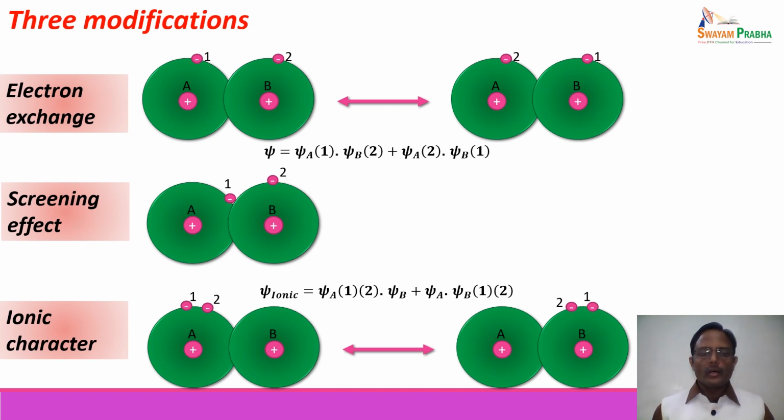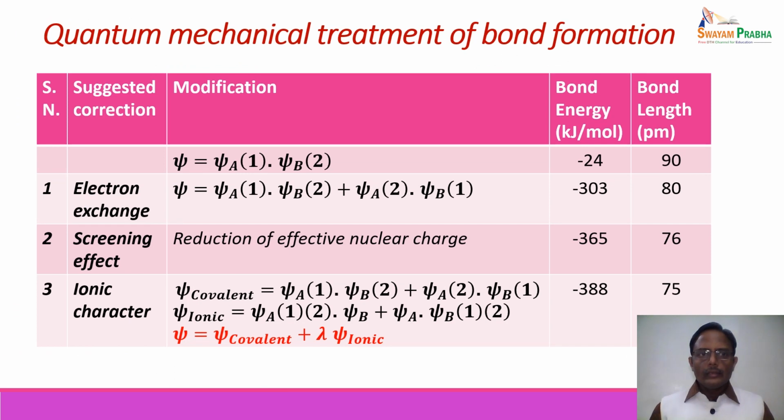of the resultant molecule. Now we will see what are the effects or implications of these three modifications in terms of energy and wavelength. Consider this table. Initially what was hypothesized was this psi is equal to psi A1 into psi B2, where both the electrons are lying near their own nuclei, which leads to a bond energy of only -24 kilojoule per mole with a bond length of 90 picometer.